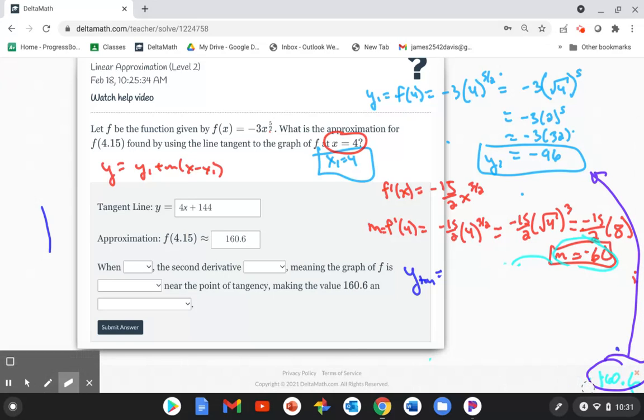Okay. Let's try that again. All right, so y1 is going to be negative 96 plus m, which is negative 60, times x minus 4. Then we get negative 96 minus 60x plus 240. And then so we get y tan is negative 60x, and then plus 240 minus 96.